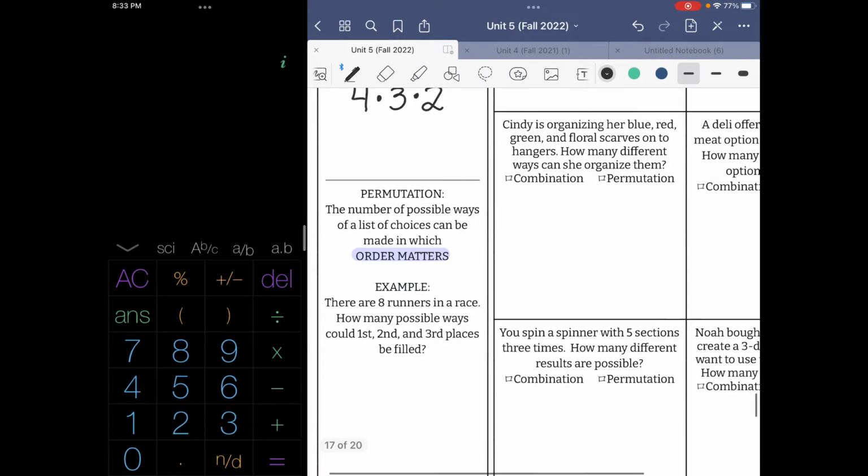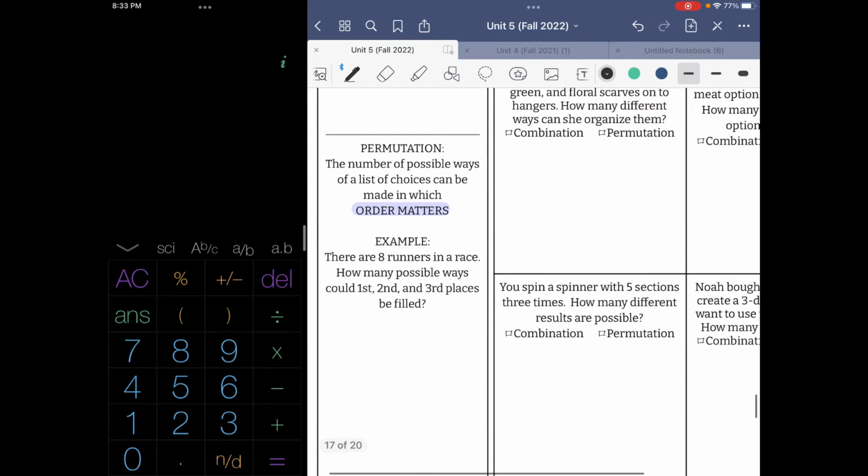Now, a permutation is what happens if order does matter. So, for example, there are 8 runners in a race. How many possible ways are there for them to get first, second, and third? Okay. So here is basically what's going on. I'm going to label my 8 runners A, B, C, D, E, F, G, and H. If I just randomly pick a person, let's say C goes first.